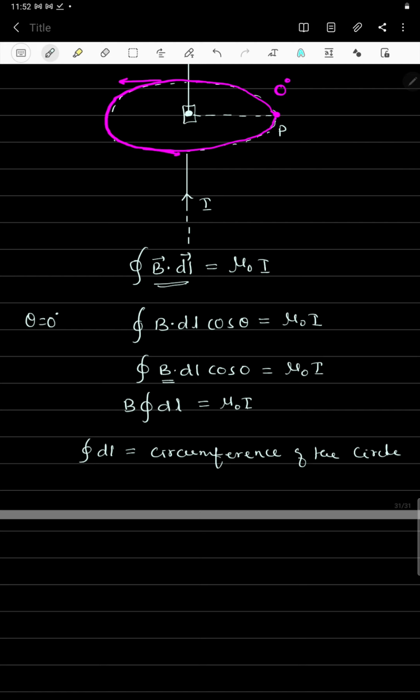The radius of the circle is the distance between the center of the conductor and the point at which we are going to find the magnetic field.